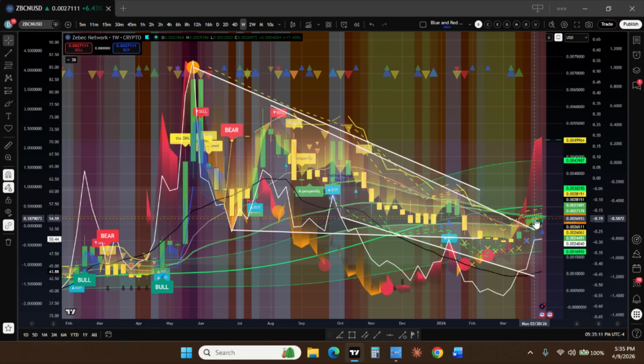But this Gaussian channel on the 1 week chart is massive. It is huge. But still, you have your bear and your bull. Look at the circles. Those are bullish circles. Red circles means you can get in even though the price is dipping.